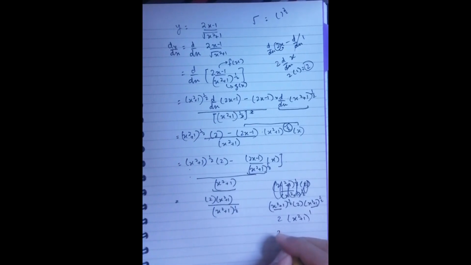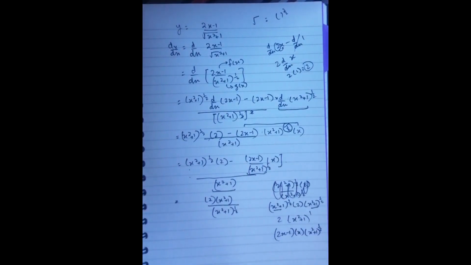How? Just see over here, 2x minus 1 and x. This is the requirement of taking an LCM, that you have to multiply the term in the denominator by everything present in the numerator. And in the denominator of this term, we have (x square plus 1) power 1 by 2.